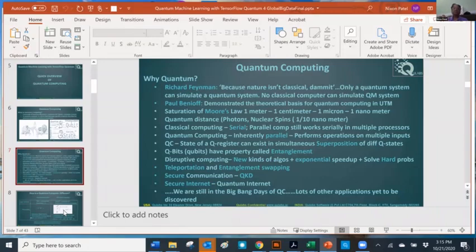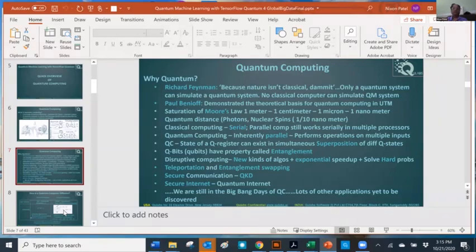As I said, it was because of Richard Feynman, and then a whole bunch of people like Benioff, Shor and Grover, who took us to the next level because of the saturation of Moore's law. And then you have this inherently parallel kind of processing that you can do with quantum computing, and also the ability to do entanglement and teleportation.